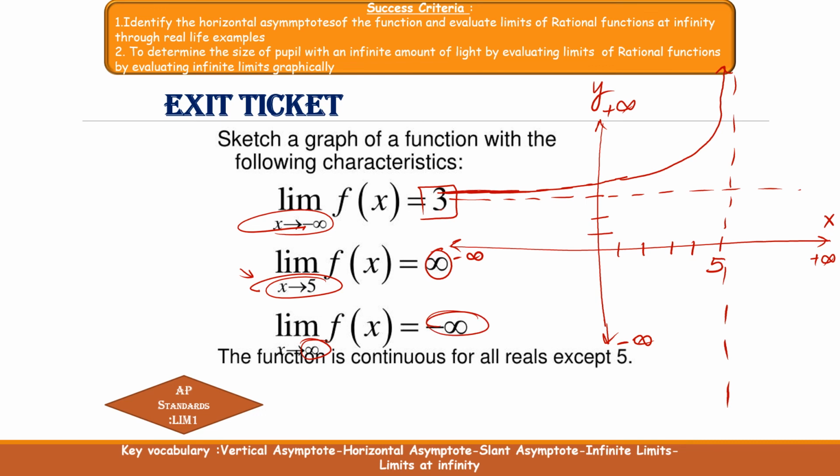But have you seen that here it says x approaches 5, not from the left, not from the right, but from both sides, and the answer is positive infinity. So on the right side I make it like this. But also they are saying that when x approaches positive infinity, the y value is negative infinity. So I can make it like this, because the graph is going to the downward side. I can make any kind of graph to show these conditions.